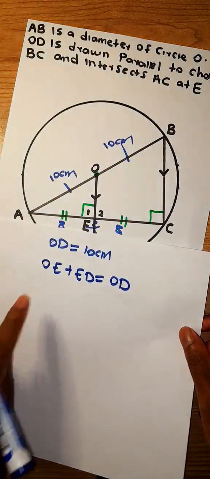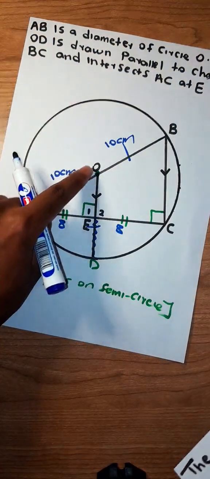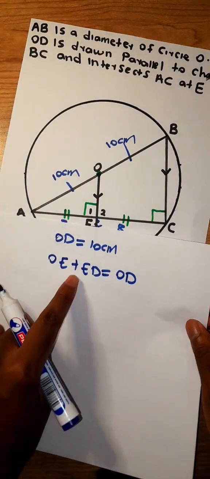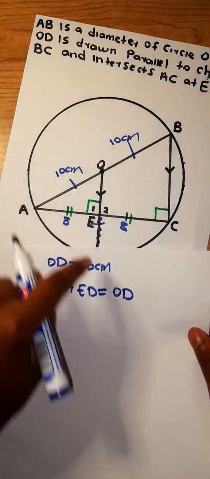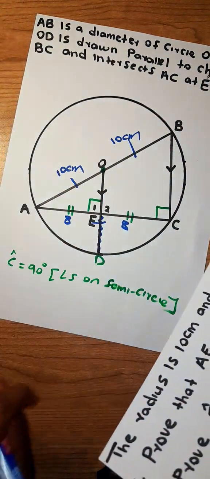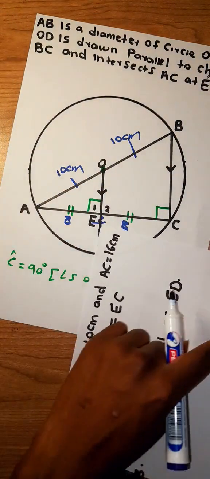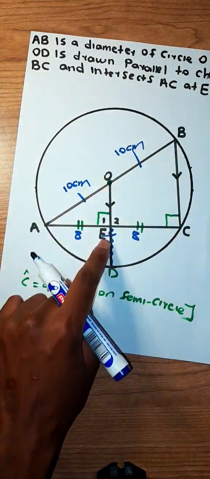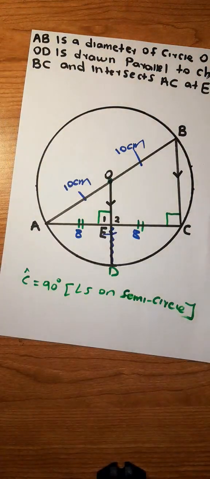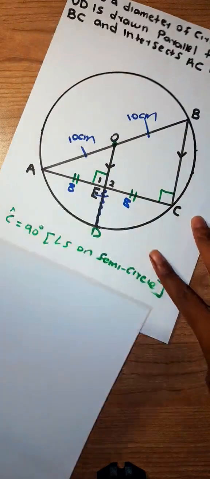What I'm saying is that if we add this OE to the ED, we get OD, right? Now, do we know what OE is? We don't know OE, but we can find it using the theorem of Pythagoras, right? Let's find OE using the theorem of Pythagoras.